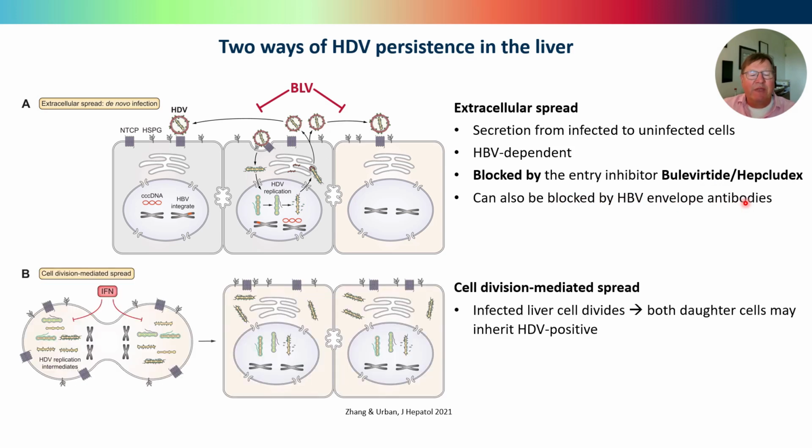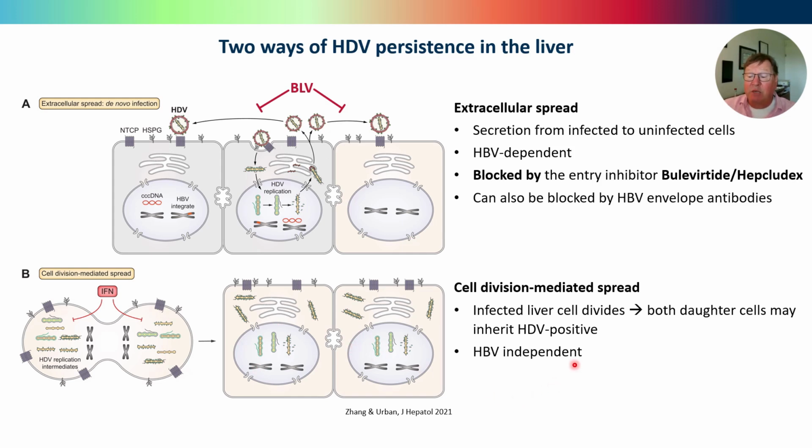But we know that there is a second way of replication of that virus, and it's important to understand that for a possible curative treatment. And that is that if such an infected cell divides, it can propagate the viral RNA to the daughter cells, and both of these cells may then inherit HDV positivity.